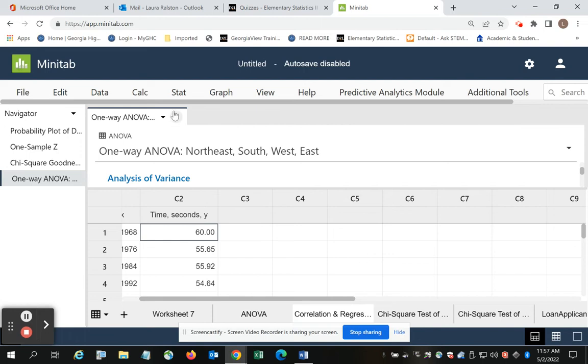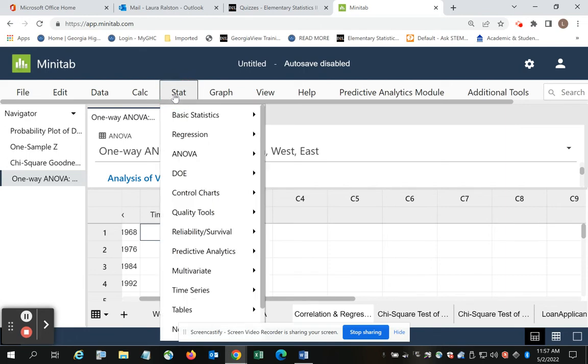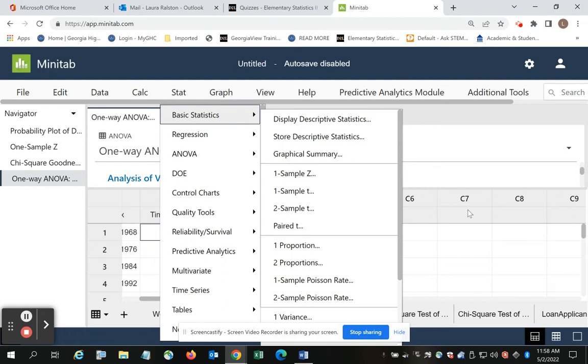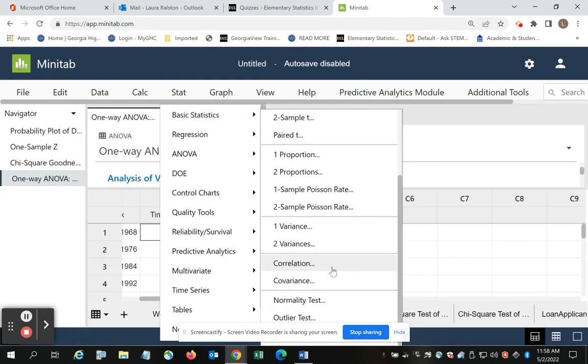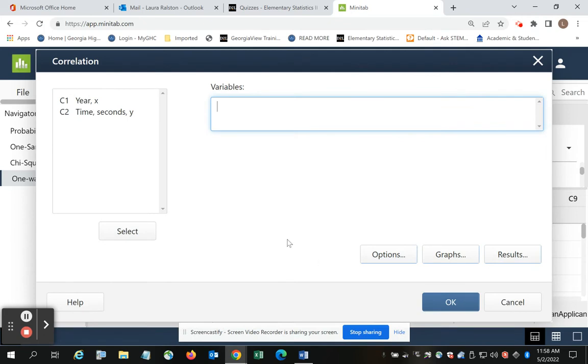So then I want to look at a scatter plot, and there's several ways to get the scatter plot. The easiest is to go to Stat, Basic Statistics, and then we scroll down to the option Correlation. And I'm going to indicate the two variables that I'm interested in: year and time.